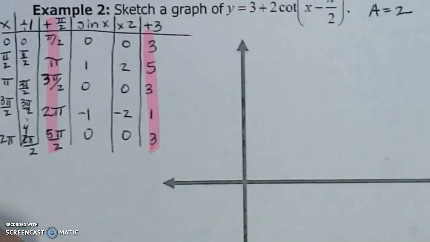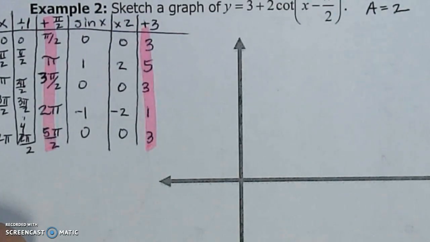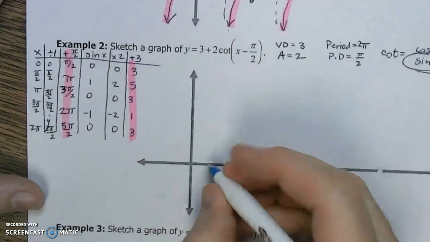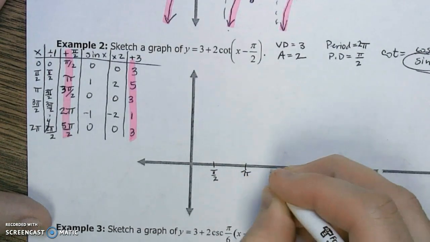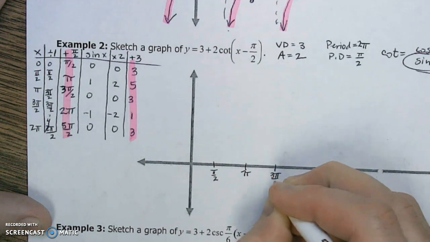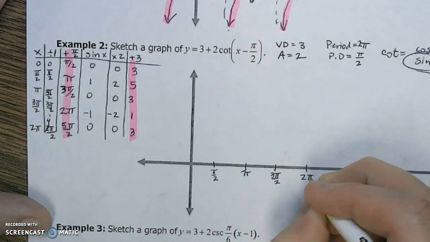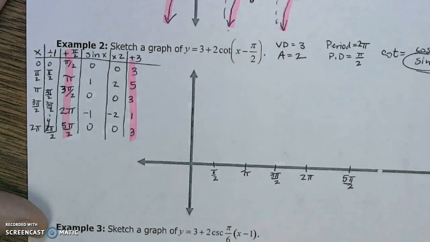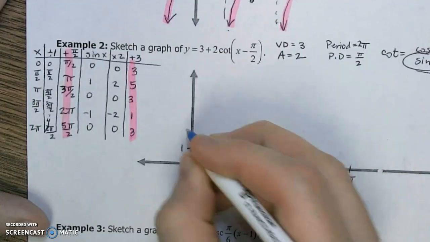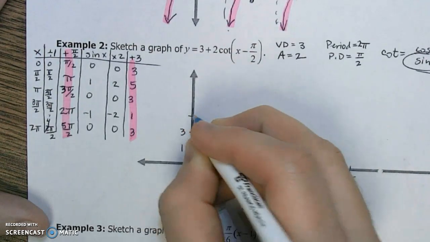And we're going to make a dotted sine wave out of those. So on my x-axis, I have pi over 2, pi, 3 pi over 2, 2 pi, 5 pi over 2. On my y-axis, I have 1, 3, 5.